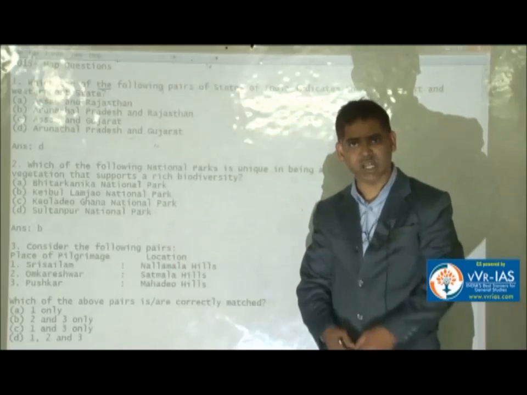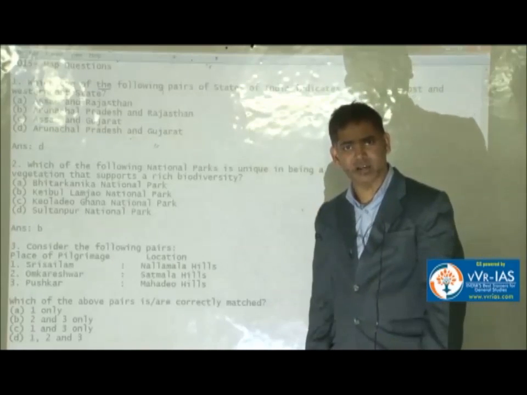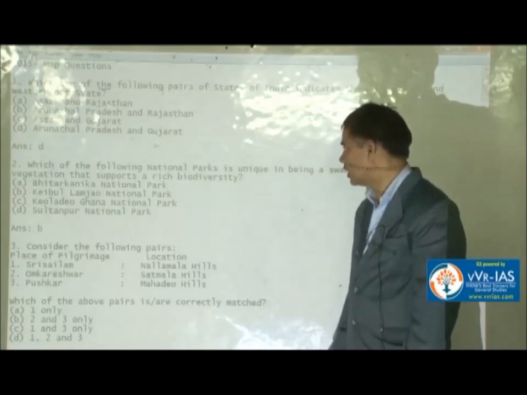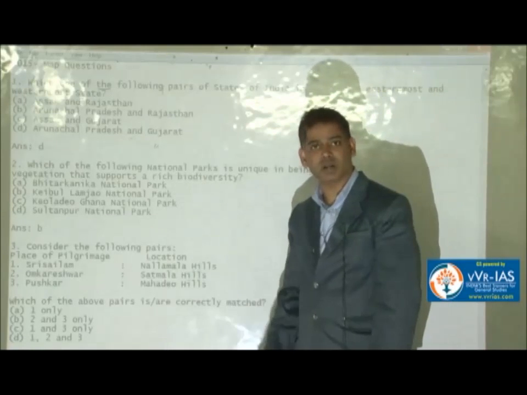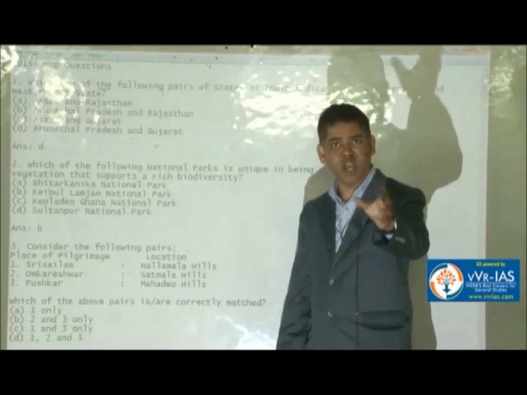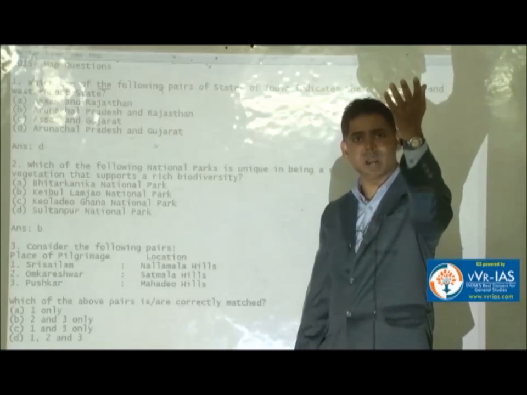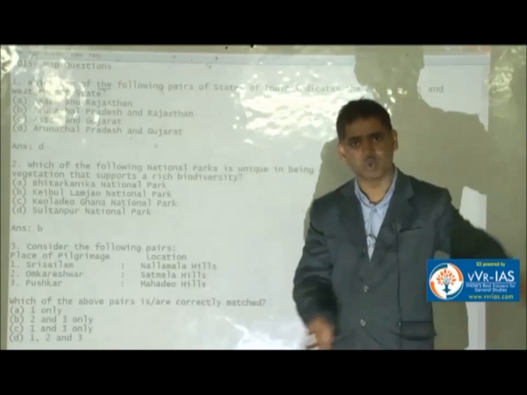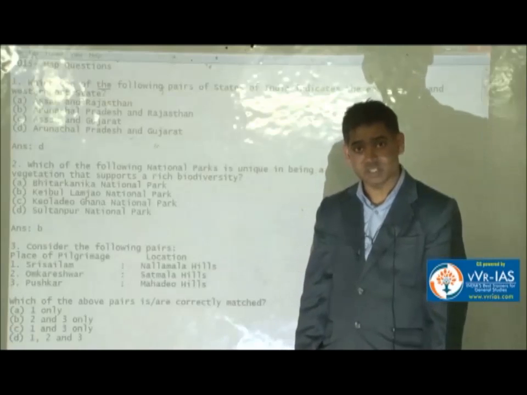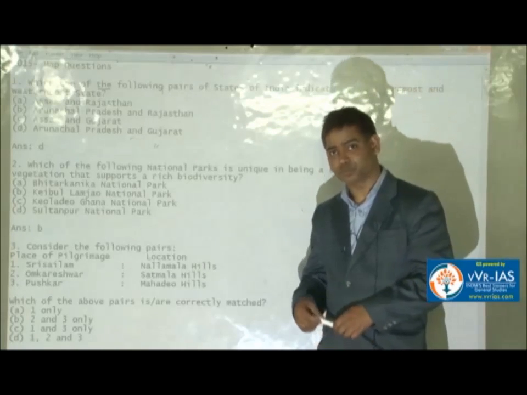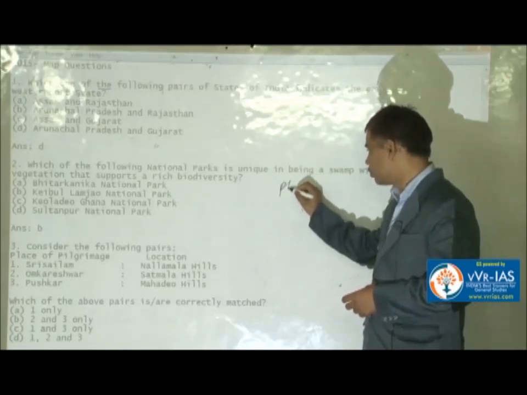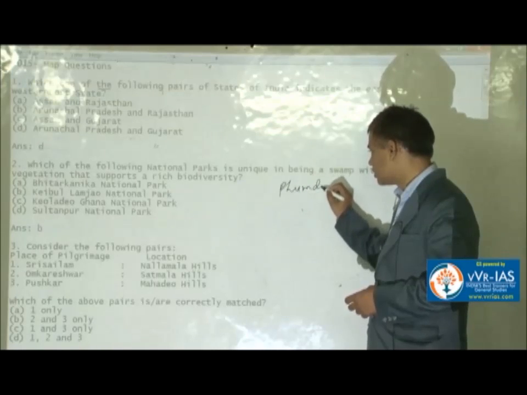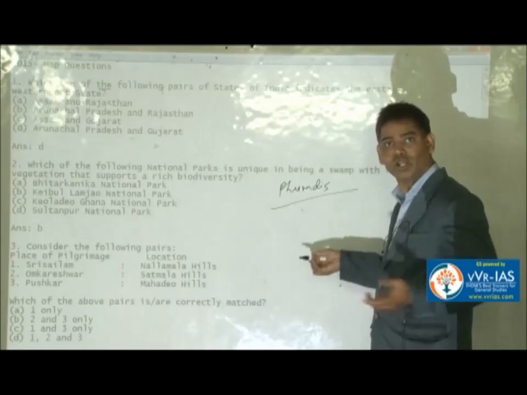Inside the big Loktak Lake, there is one national park, Keibul Lamjao National Park. It is a unique national park of India, and it is a floating national park. It has Phumdis. What is Phumdis?